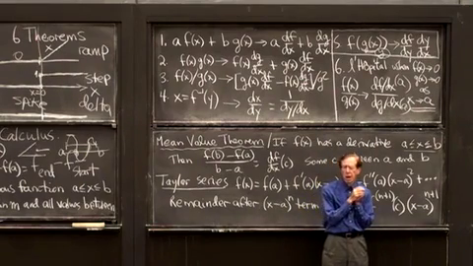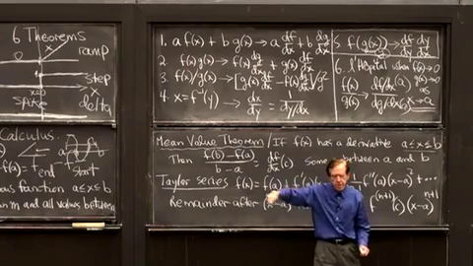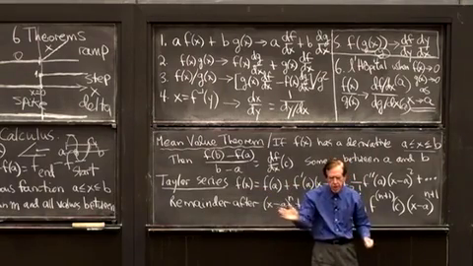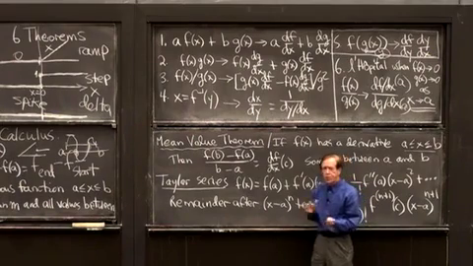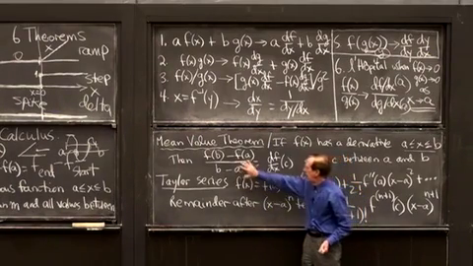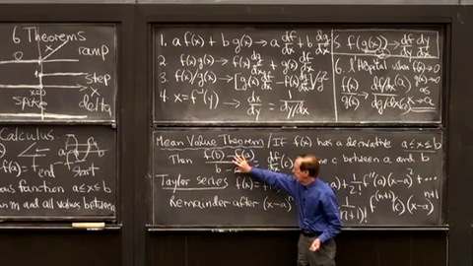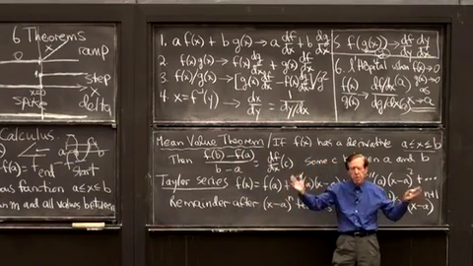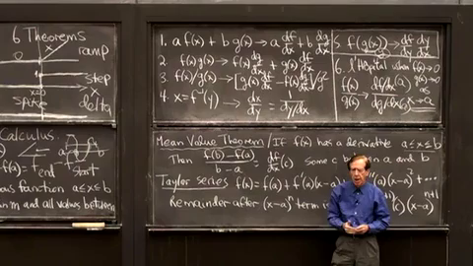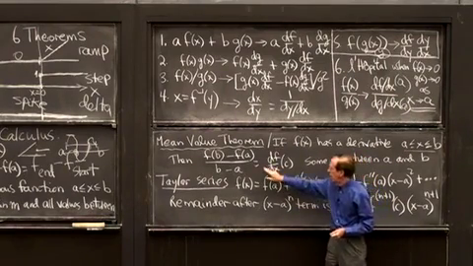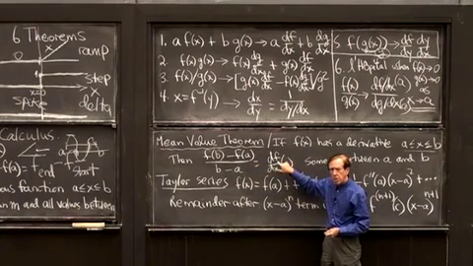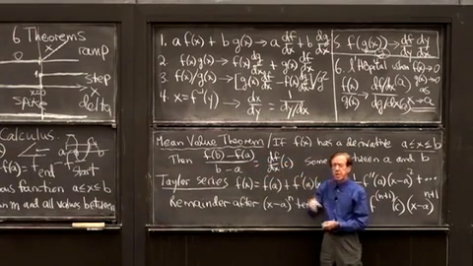Shall I say that again? If you travel with smooth changes of speed, no jumps in speed, then if I look at the average speed over a delta t, there's some point inside that interval where the average speed agrees with the instant speed.